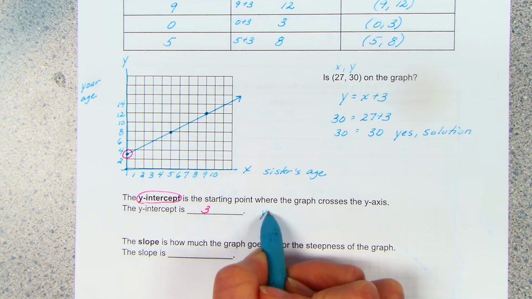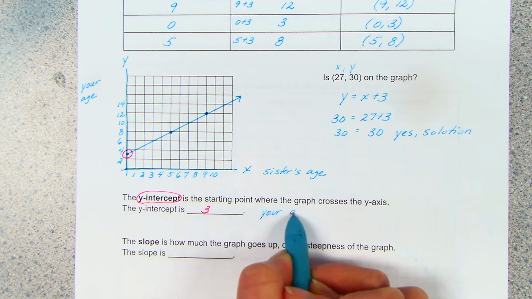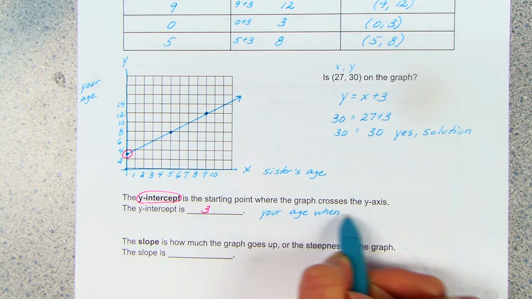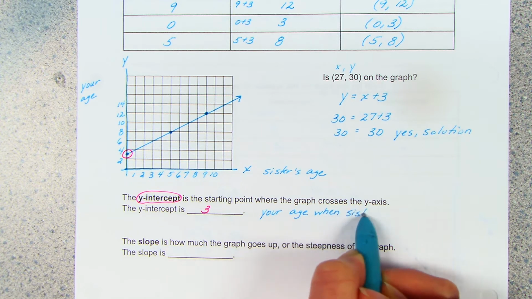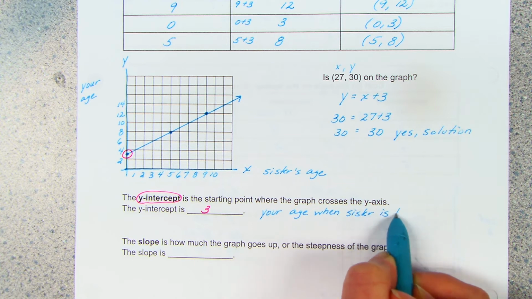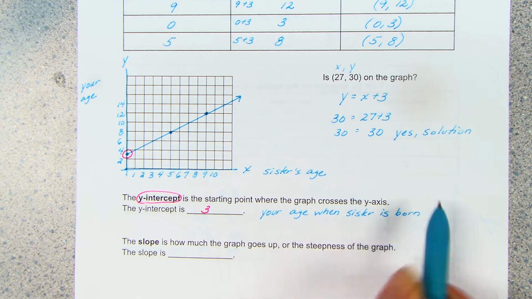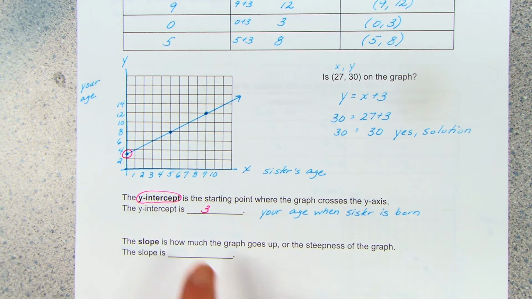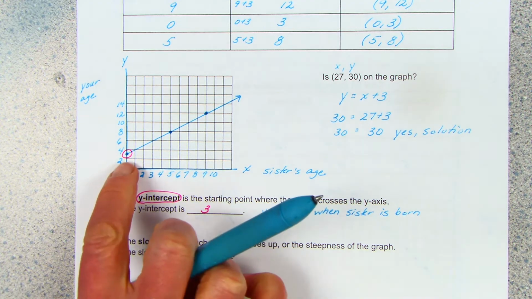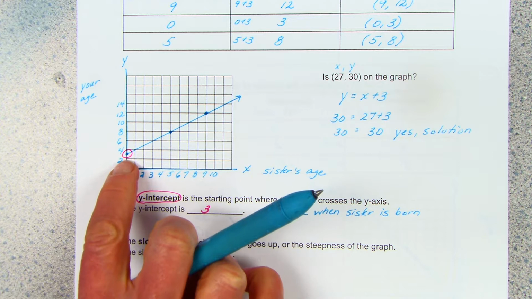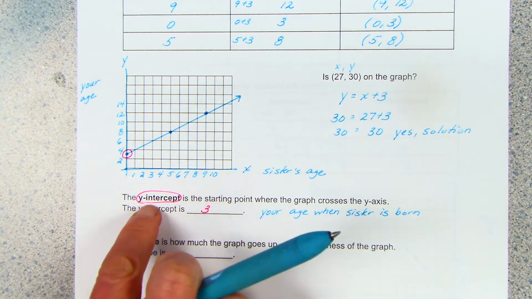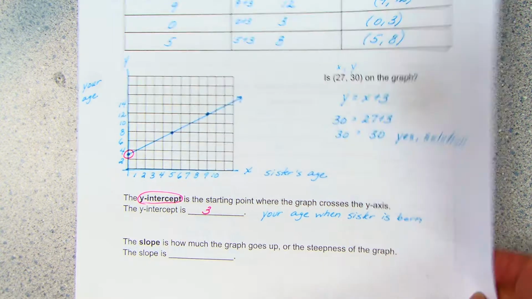So 3 is your age when your sister is born. So her age is 0 and your age is 3, right? It's important when you are graphing equations to show where it crosses the y-axis. This y-intercept is an important point.